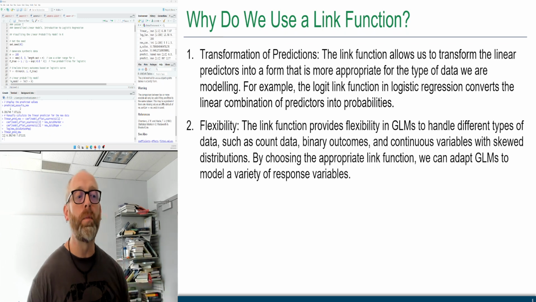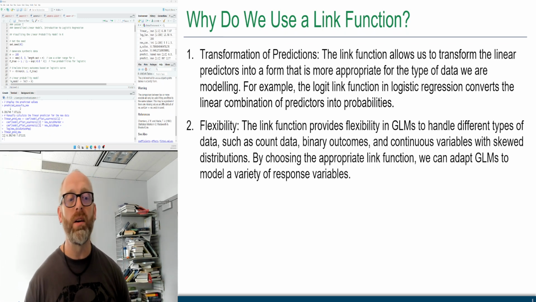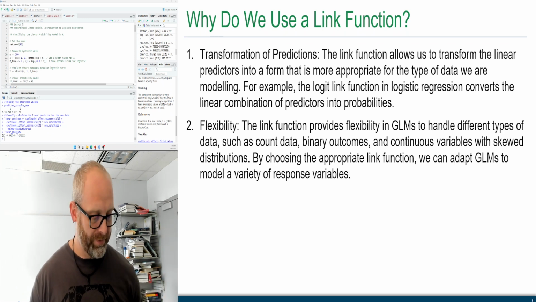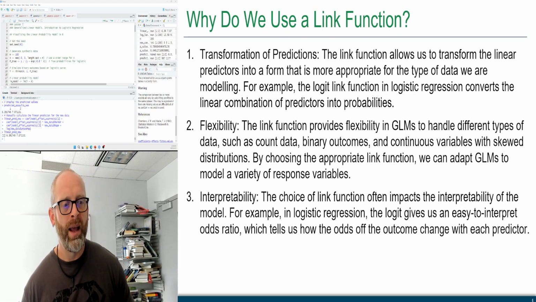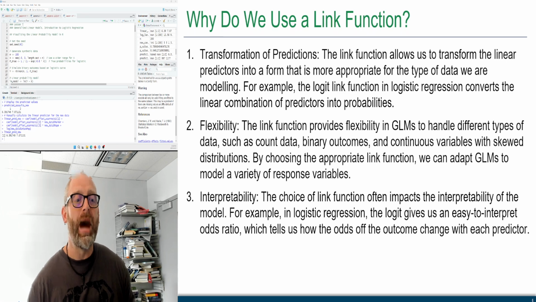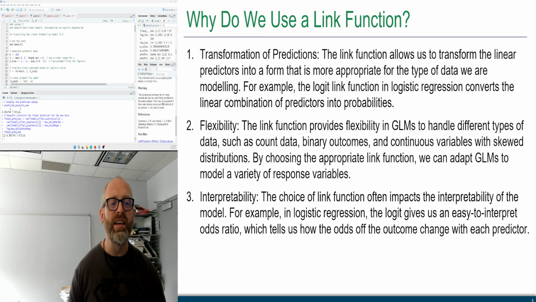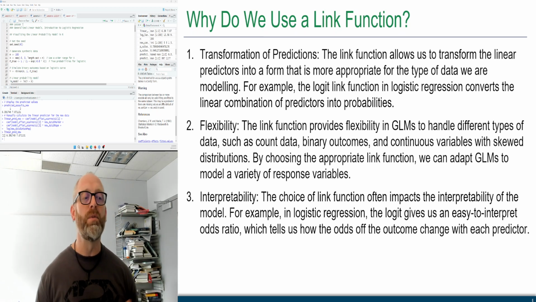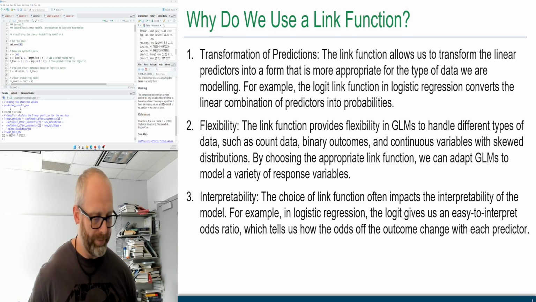By choosing the appropriate link function, we can adapt GLMs to model a variety of response variables. And interpretability: the choice of link function often impacts the interpretability of the model. For example, in logistic regression, the logit gives an easy-to-interpret odds ratio, which we'll talk about in a second, and which tells us how the odds of the outcome will change with each predictor.